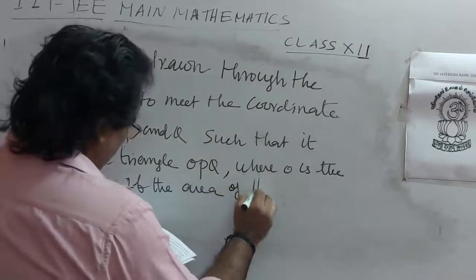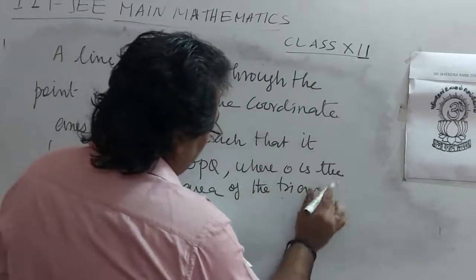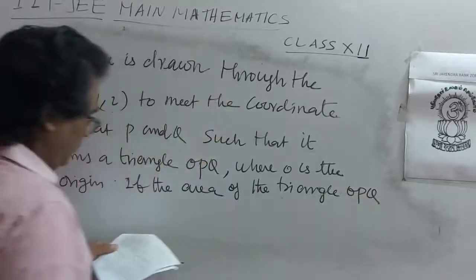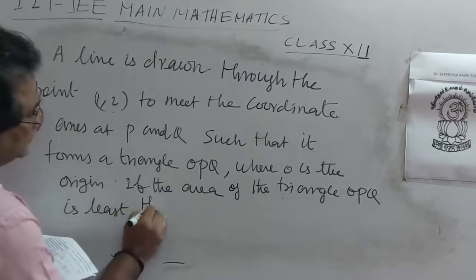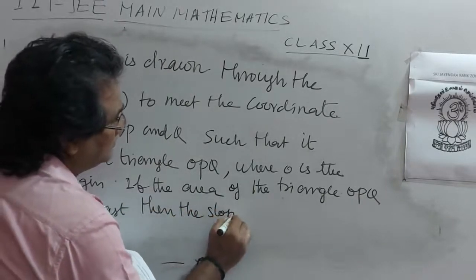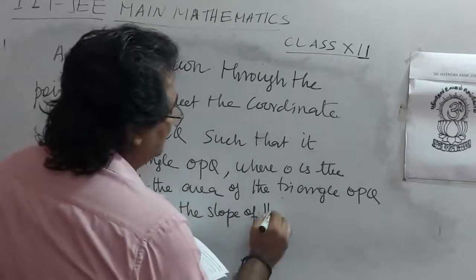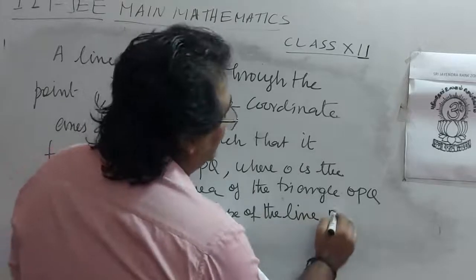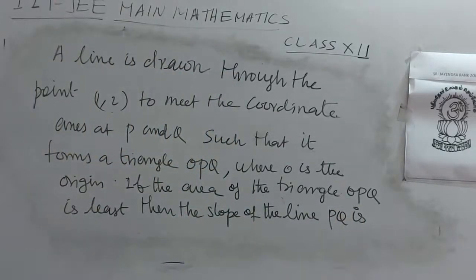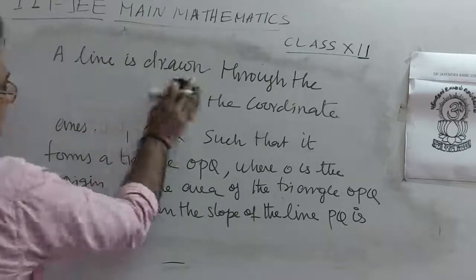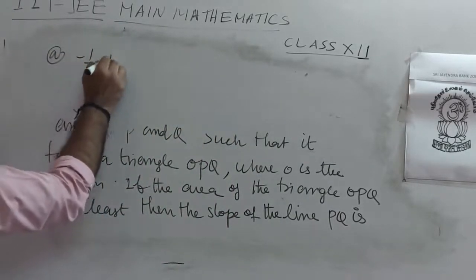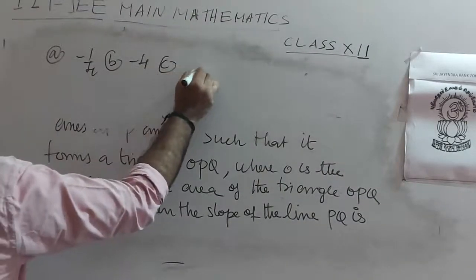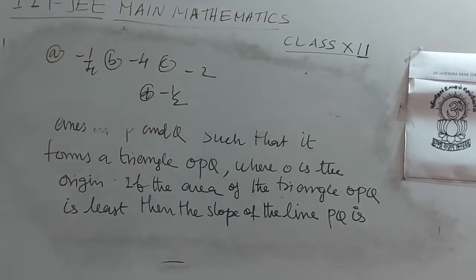If the area of the triangle OPQ is least, then the slope of the line PQ is: option A, minus 1/4; option B, minus 4; option C, minus 2; option D, minus 1/2.